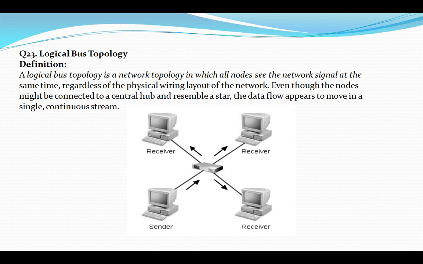So the meaning is, for example, any data is coming here, all four devices will be seeing that. If this is my sender and I have three receivers, as soon as this data comes here, all devices will be eagerly waiting to receive that data, even though the nodes might be connected to a central hub or resemble a star. This is how we can describe logical bus topology. It's just how data is traveling as soon as it comes to this centralized device.